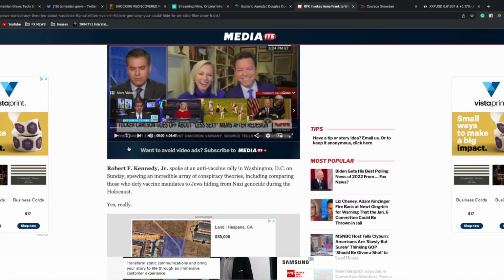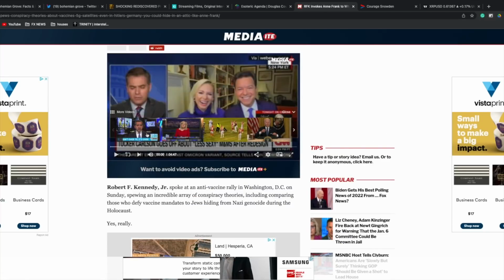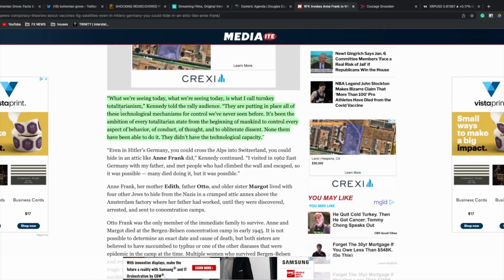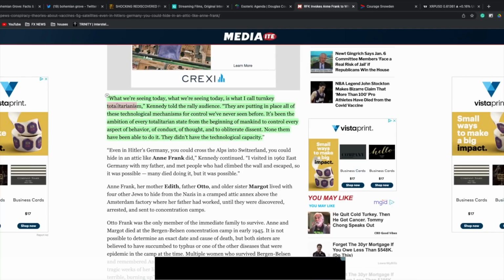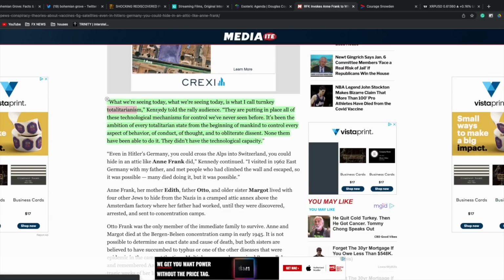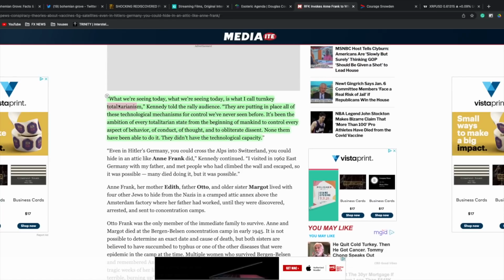So, Robert F. Kennedy Jr. Again, I'm going to show you guys this little news article, but what did he say at this rally at the Capitol the other day? Reading this right here, and I'm not going to butcher this word, totalitarianism. I hope that I say that properly, but this is a quote from RFK Jr.: What we are seeing today is what I call turnkey totalitarianism.